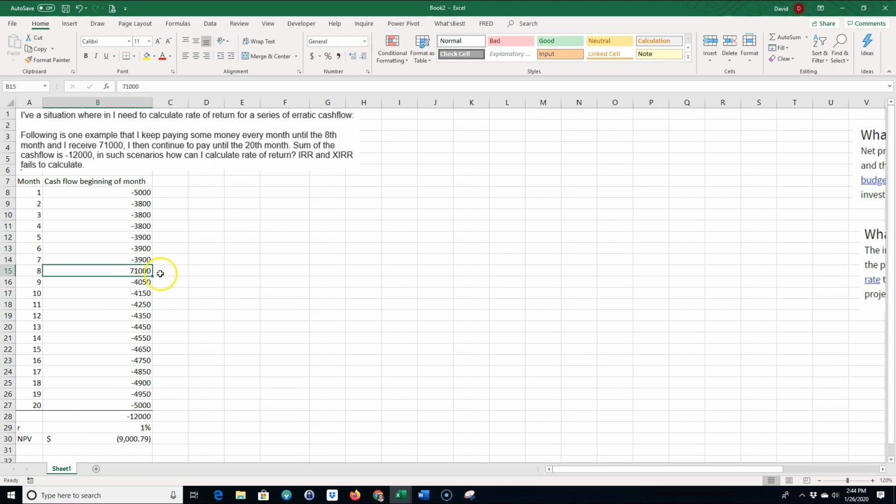But this cash flow is also out at month 8, so I have to discount that back. Well, if I discount them all back to time 0, how much is that worth to me right now? If the cost for me to borrow the money is 12% a year or 1% a month, it is going to cost me $9,000. That's telling me at that price, at that cost of capital, I wouldn't want to do this.